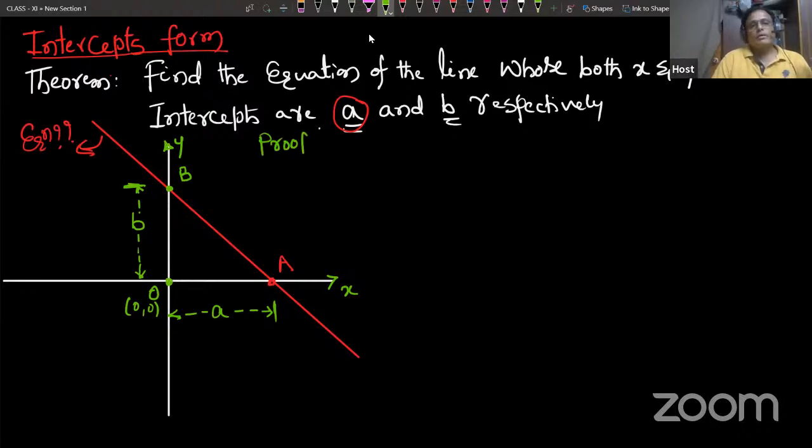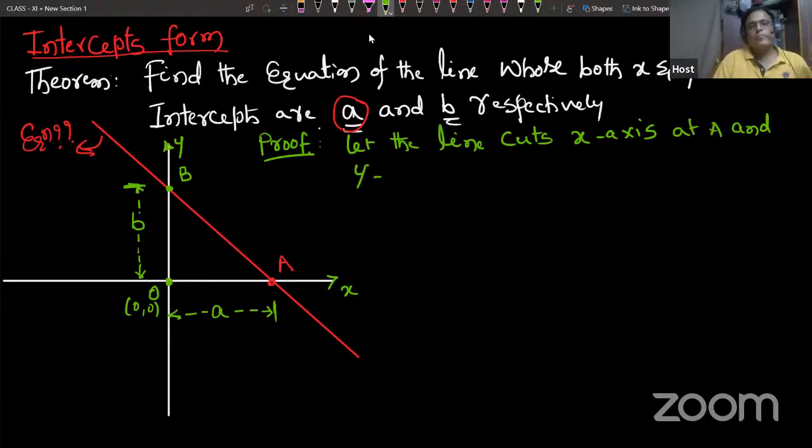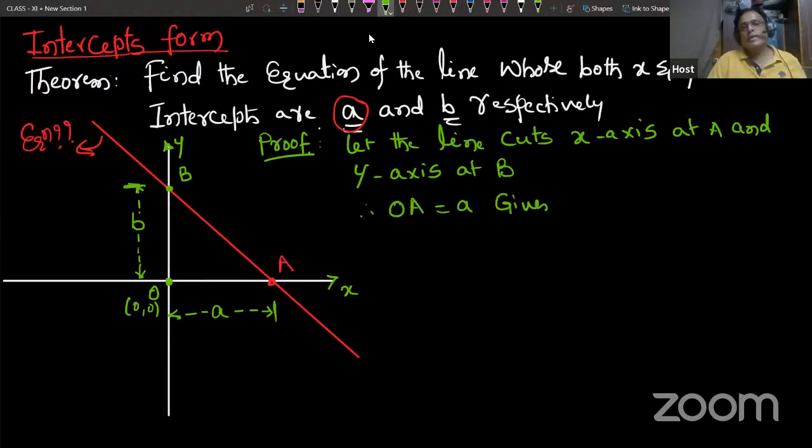Let the line cut the x-axis at A and the y-axis at B. Therefore, OA is equal to A, given.